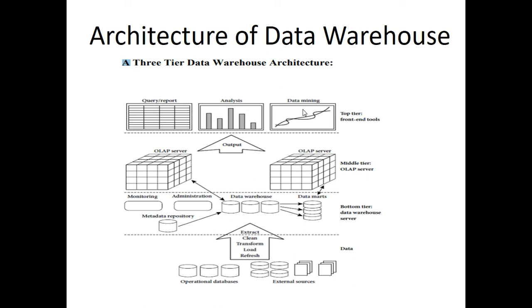We have the data sources, then the bottom tier with the data warehouse, data marts, administration and monitoring, and metadata repositories, all of which is converted into OLAP servers. And we have the front end with visualization: reports, queries, analysis, and data mining techniques.